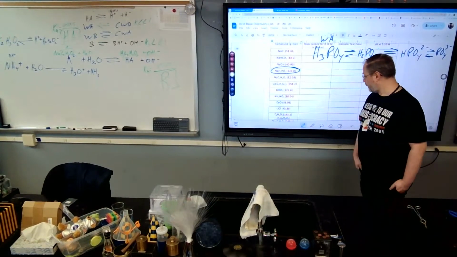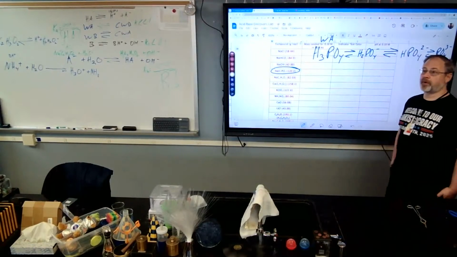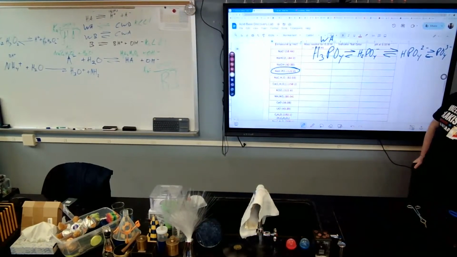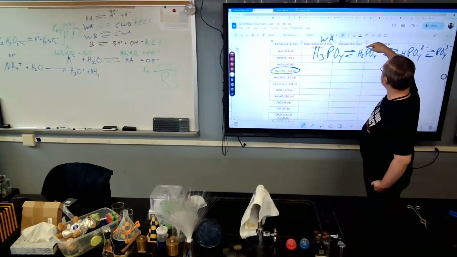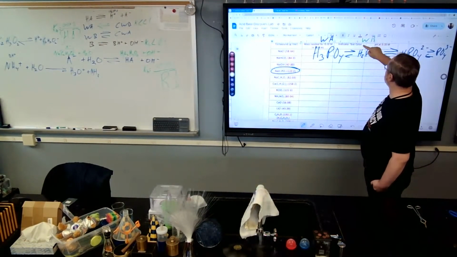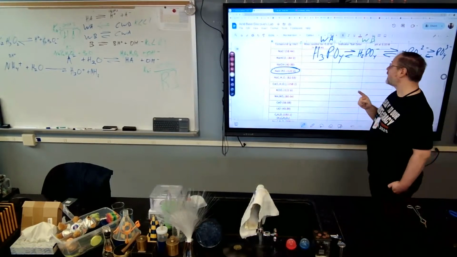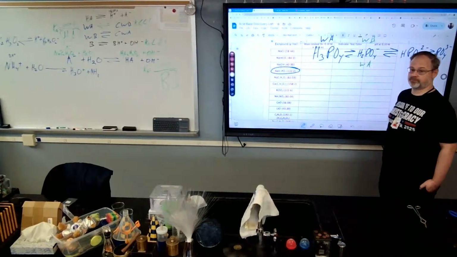When you look at these, you have to ask yourself, what is going to be more thermodynamically favored? Well, the H3PO4 is a weak acid, which means the H2PO4- is a weak base. But it can also donate a proton, making it also a weak acid.